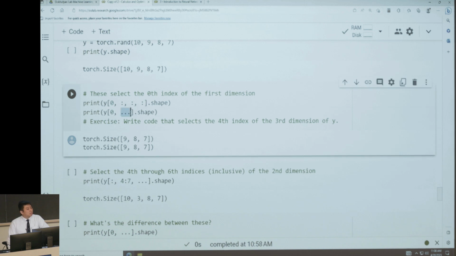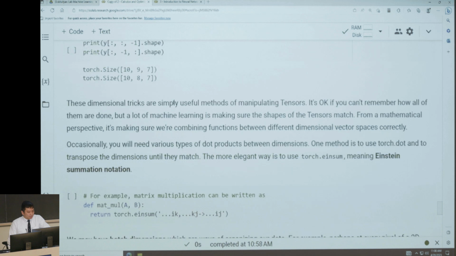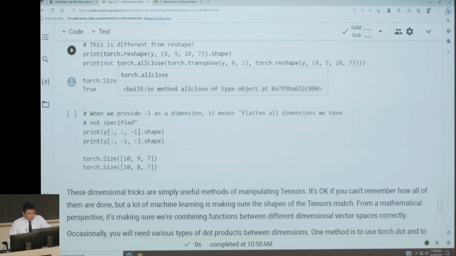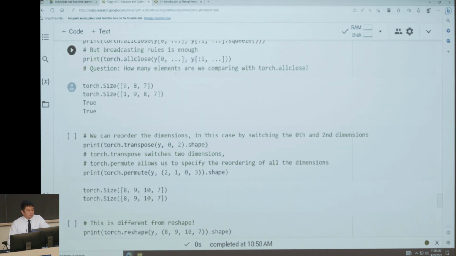The triple dots, or ellipsis, was specifically added into Python to support NumPy and PyTorch and all these frameworks. And this just means whatever dimensions you haven't indexed, just put them in here. So what this is saying is, let's take the 0th index of the first dimension, and then all of the remaining dimensions. And there's a lot of different ways to index or accomplish the same transformations of shapes.